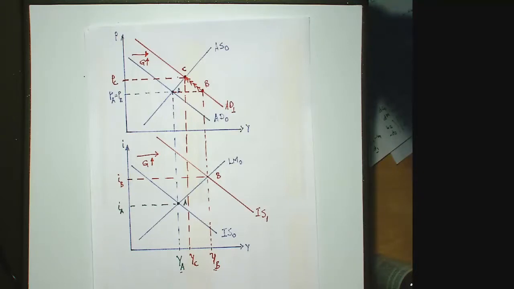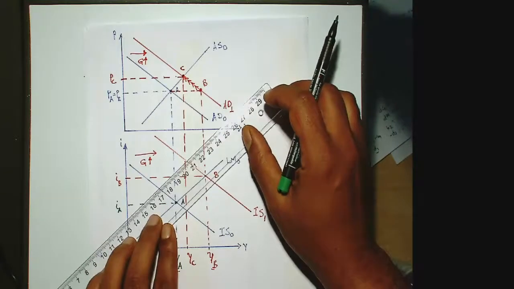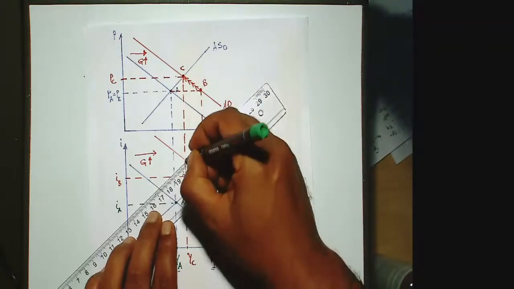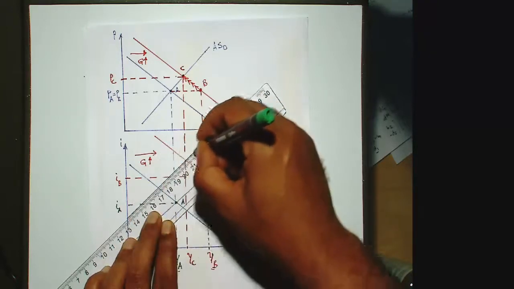This is indicated by a shift of the LM curve from LM0 to LM1, since there is an increase in price from PA or PB to PC.